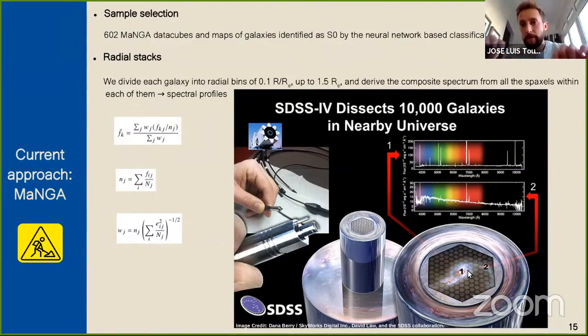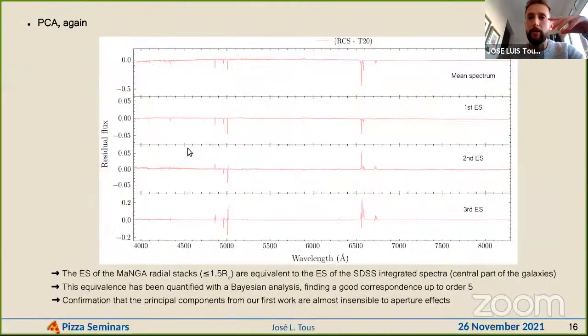So we now proceed doing radial bins and stacking all the spectra that fall within each of these radial bins, going from the center to 1.5 effective radius. So to the problem we had before, we are adding one extra dimension, the spatial, the radial dimension, right?